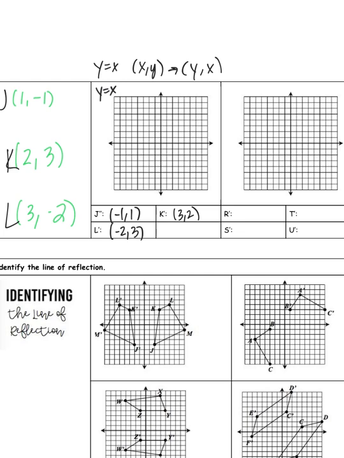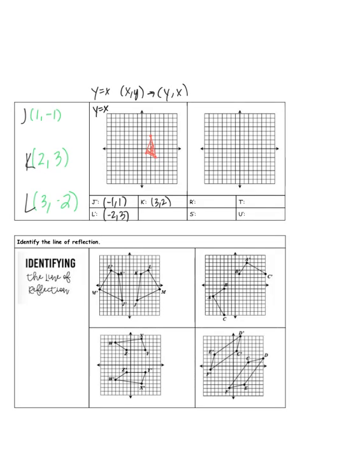So 1, negative 1, 2, 3, and 3, negative 2. Okay, so there's that one. And then my new one is negative 1, 1. Alright, we're going to do the other one in blue, the prime.